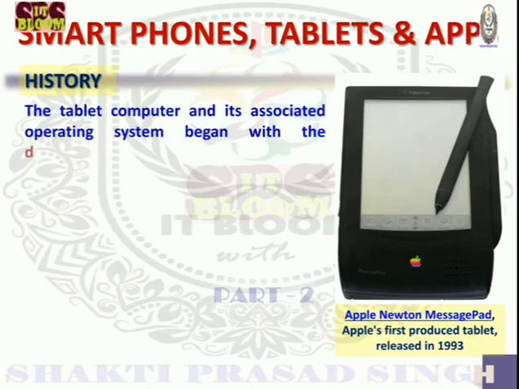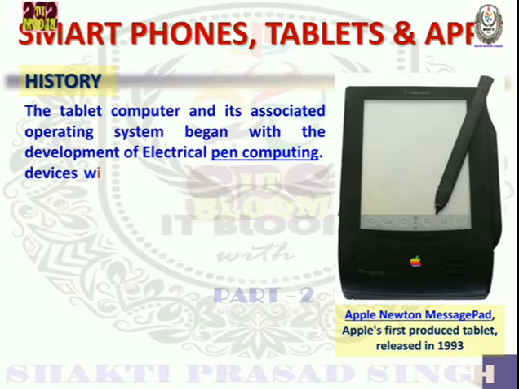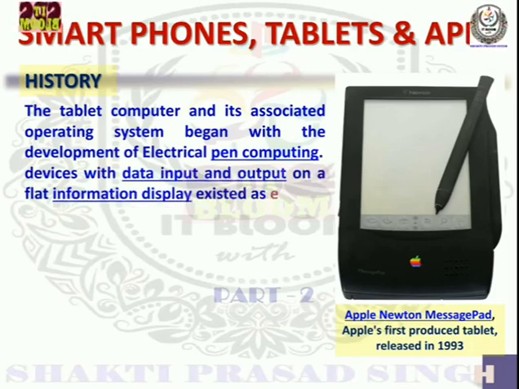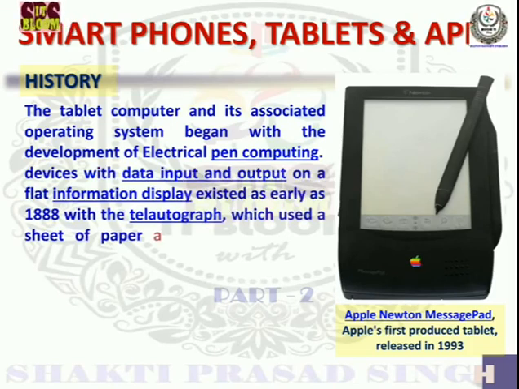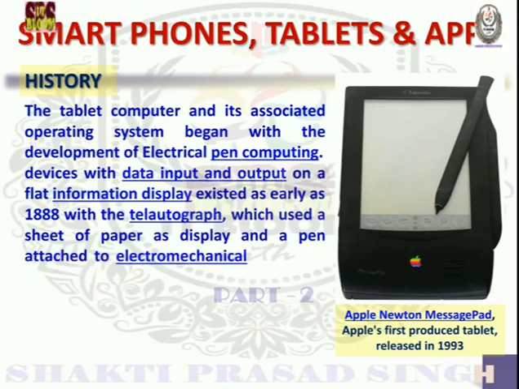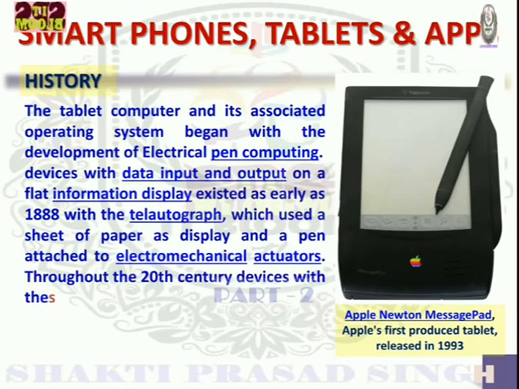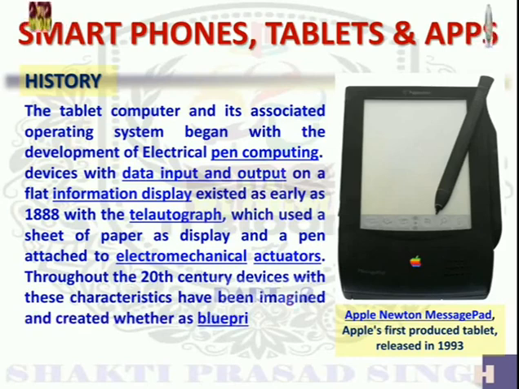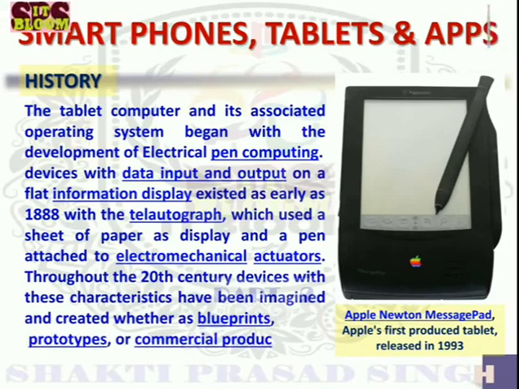So the tablet computer and its associated operating system began with the development of electrical pen computing. That is the caliber pen which can be used in the tablet or tablet PC. At early stages, the tablets were operated with that touch pen or stylus, which is called electrical pen computing.